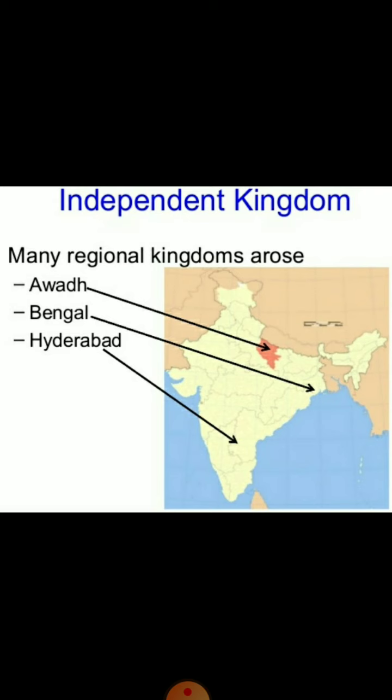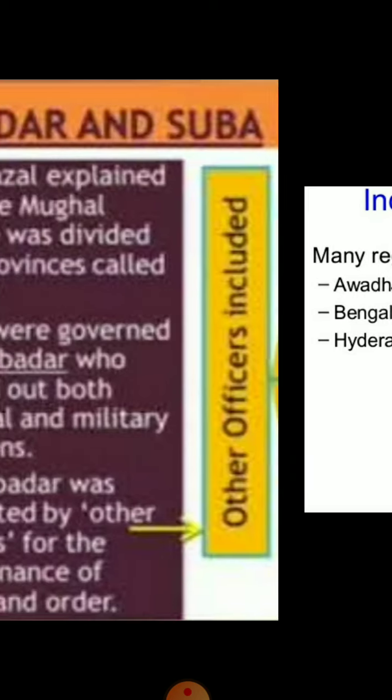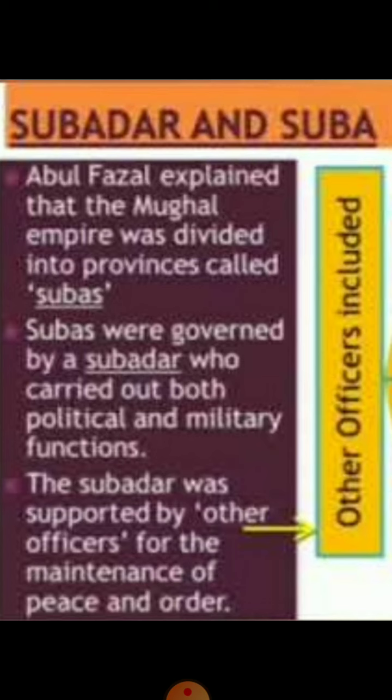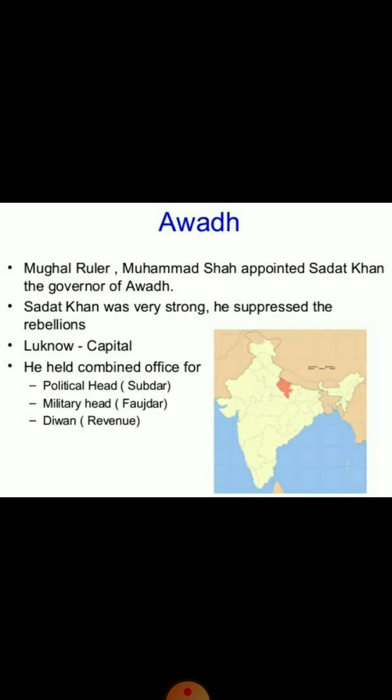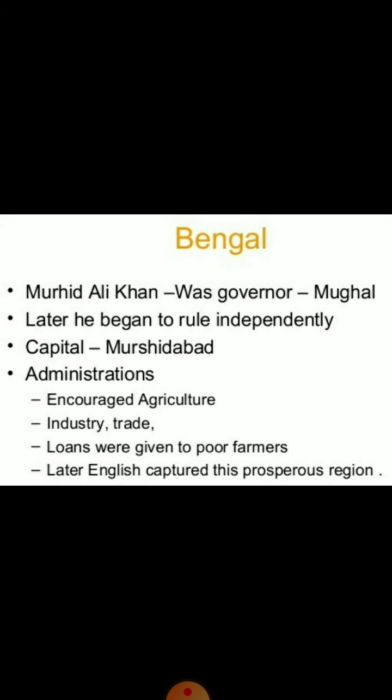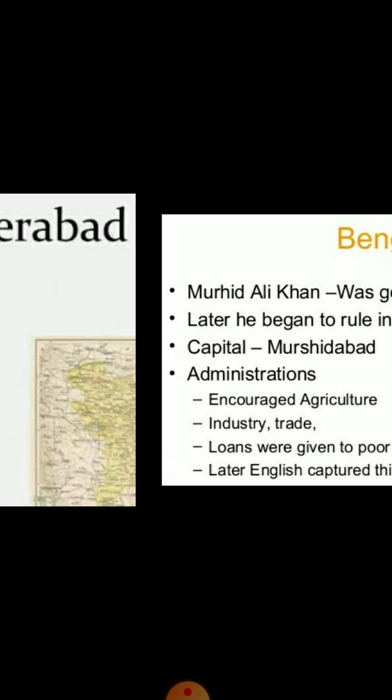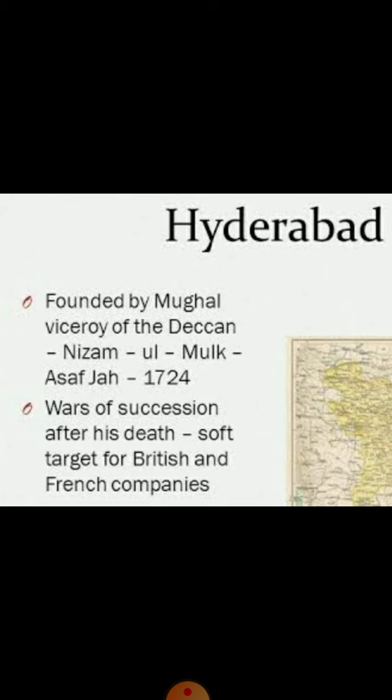Let's explain the emergence of states like Awadh, Bengal, and Hyderabad as regional powers. The Subadars are Awadh under Subadar Saadat Khan, Bengal under Subadar Murshid Quli Khan, and Hyderabad under Subadar Asaf Jah.